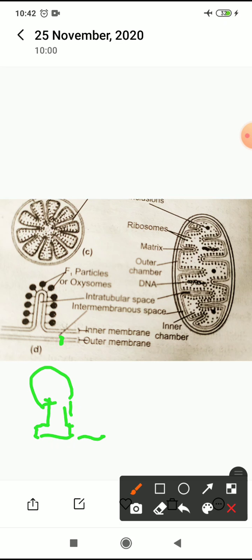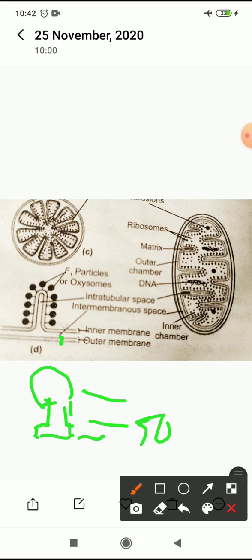The headpiece is about 75 to 100 angstrom in diameter, and stalk is about 50 angstrom in length.